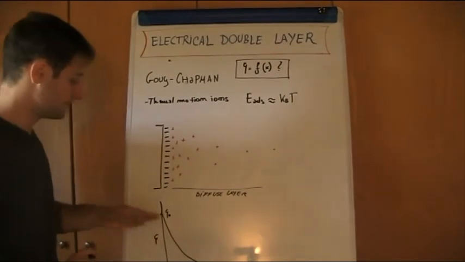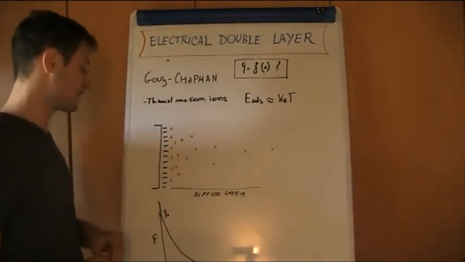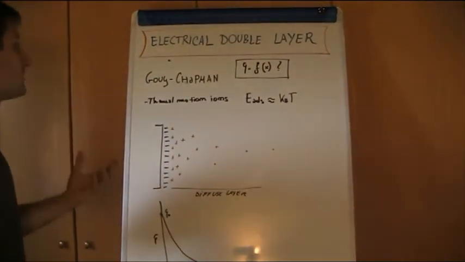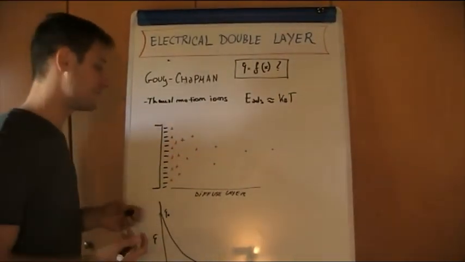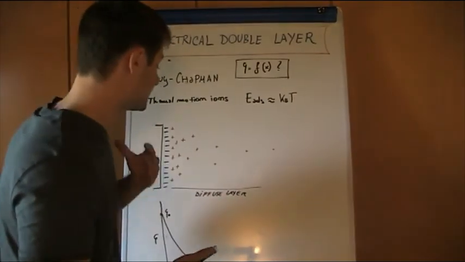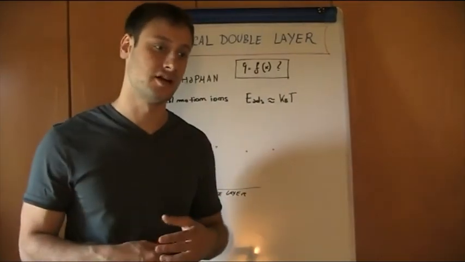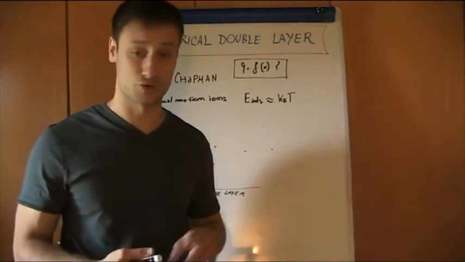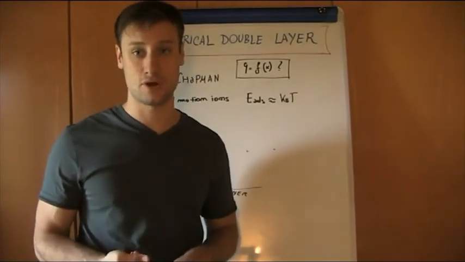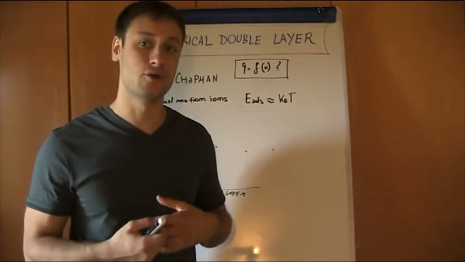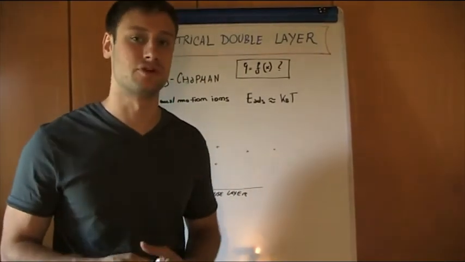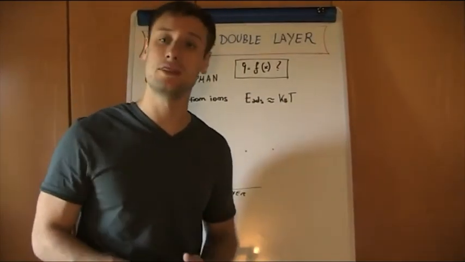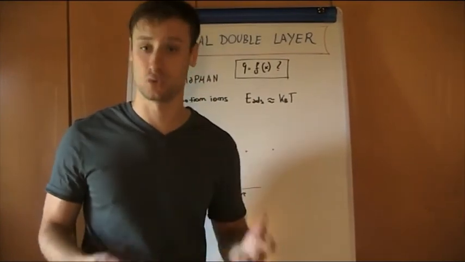So basically, what is interesting here is that this type of model is described with a function that takes into consideration the Poisson equation and the Boltzmann equation, which are combined and, with specific boundary conditions, lead to the well-known Gouy-Chapman equation.